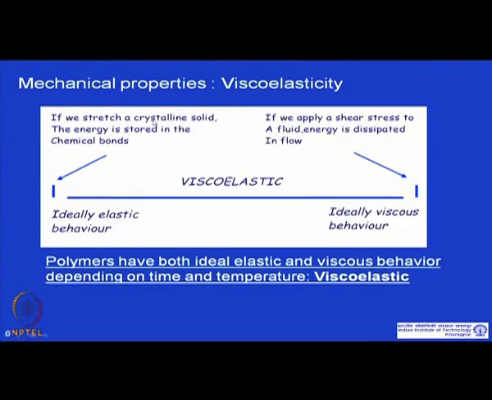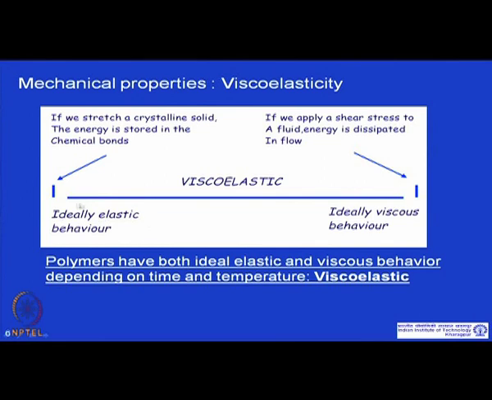Now, think about a pure elastic material. If we stretch a crystalline solid, the energy is stored in the chemical bonds, and if we release that stress, it will come back to the original state. This is ideal elastic behavior. Similarly, if you have a liquid, say a glass of water, and you pour it, it will flow.